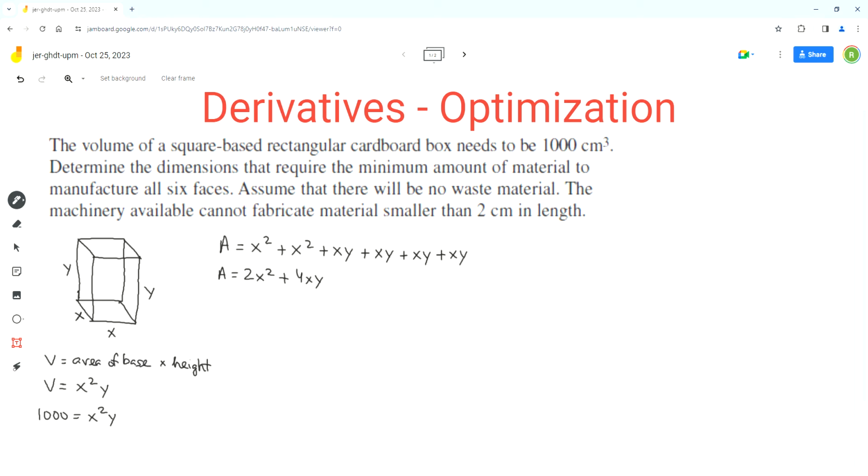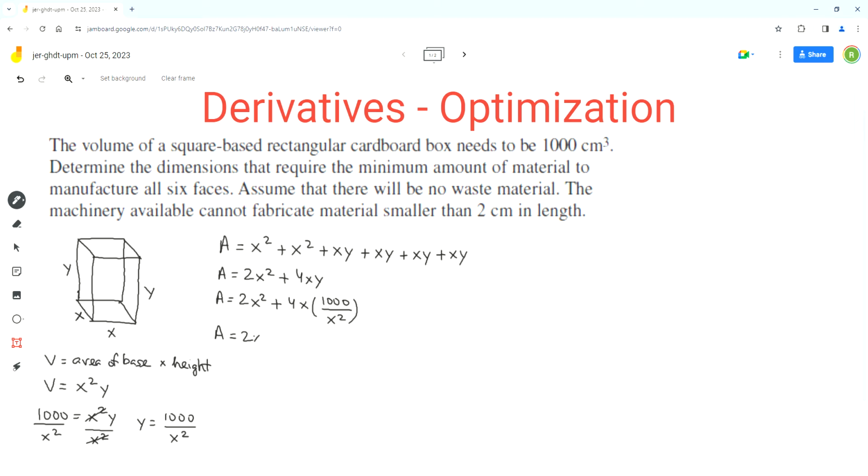So from the volume equation, we should divide both sides by x squared to isolate y. So we get y equals 1000 over x squared. Now we can do the substitution in this area equation. So we get 2x squared plus 4x times 1000 over x squared. Now we can simplify this expression.